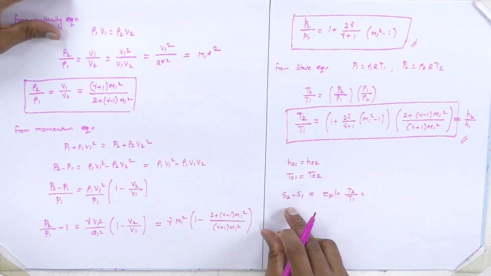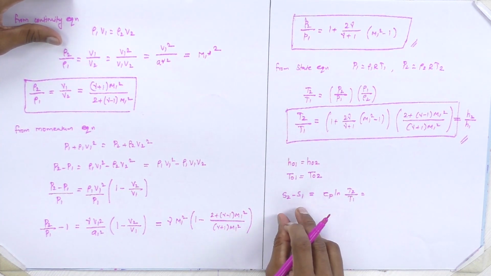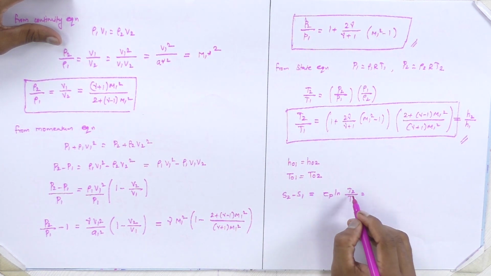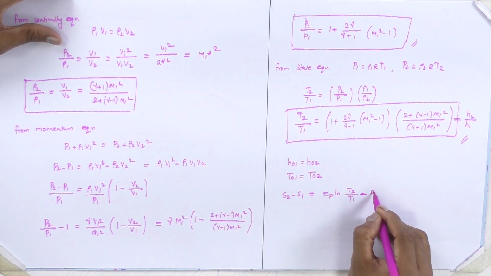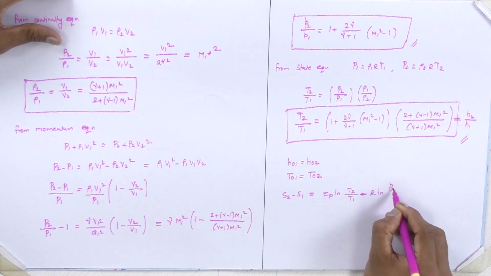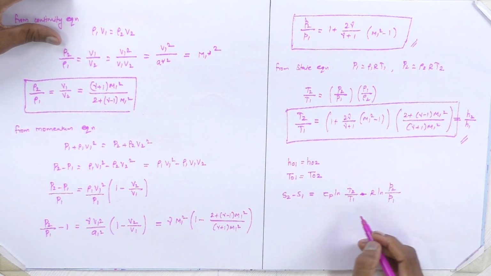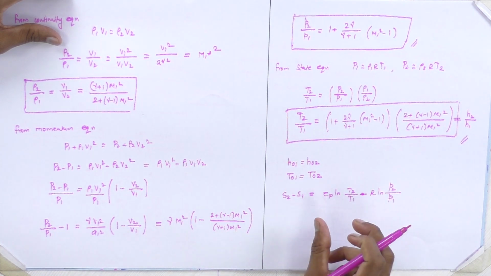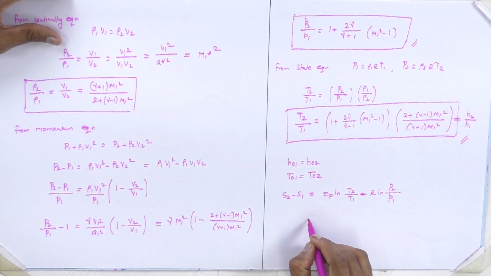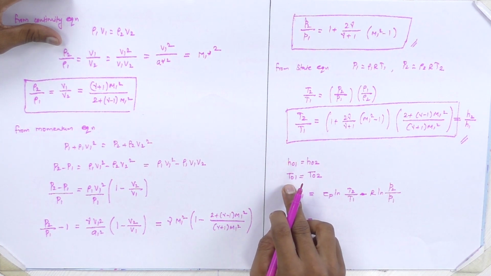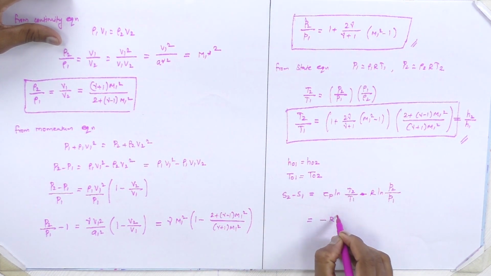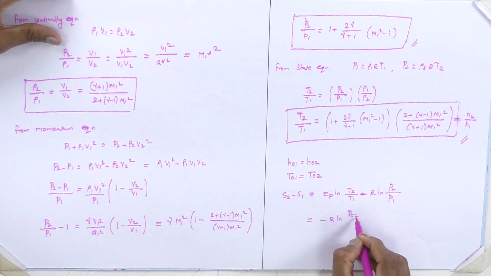From the second law of thermodynamics, we have the relation for entropy change, that is S2 minus S1 is equal to Cp ln T2 by T1 minus R ln P2 by P1. If we apply this equation between region 1 and region 2, there T0 will be constant, so this term won't come. So minus R ln P02 divided by P01.